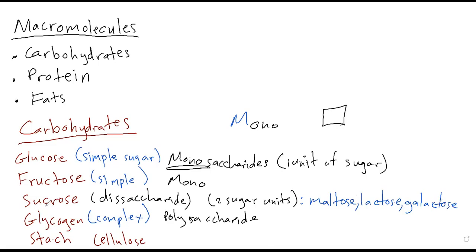The first thing we're doing is just classifying them. So glucose and fructose, monosaccharide, one sugar unit; disaccharide, two units. The complex one now is the polysaccharide. Remember in organic chemistry, polymers, so polysaccharide meaning many sugar units, not one, two, or three, a lot.